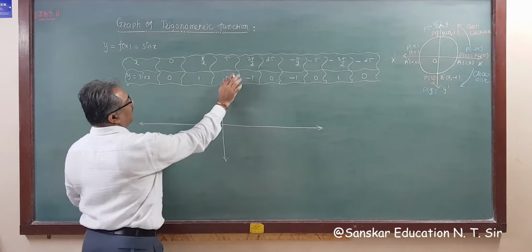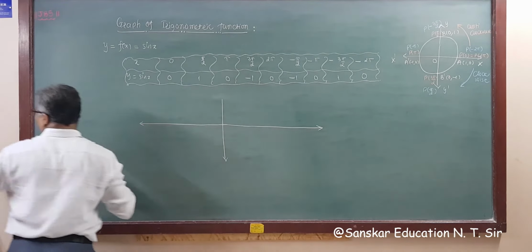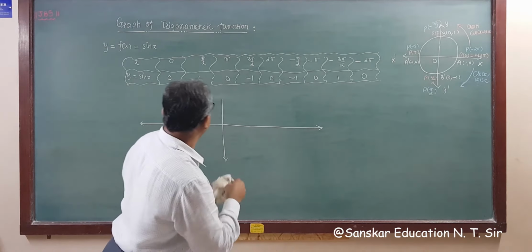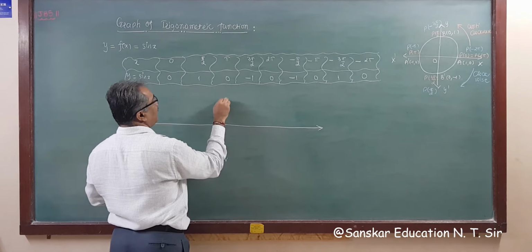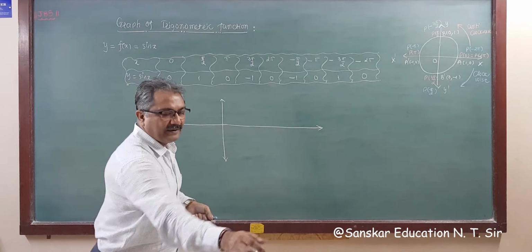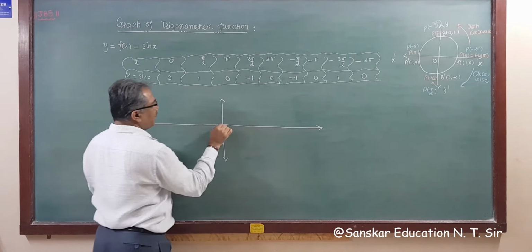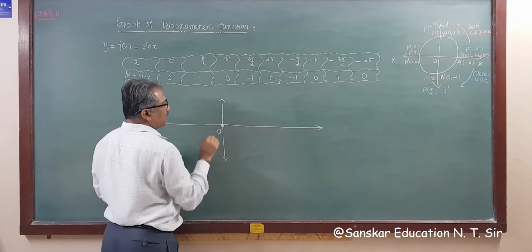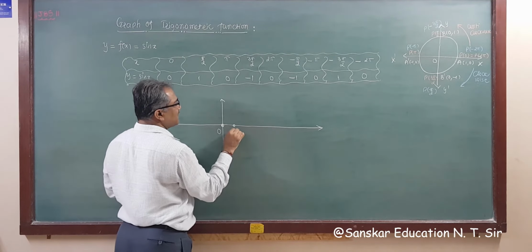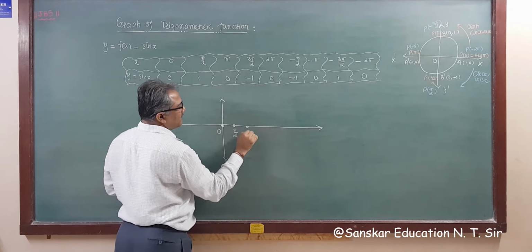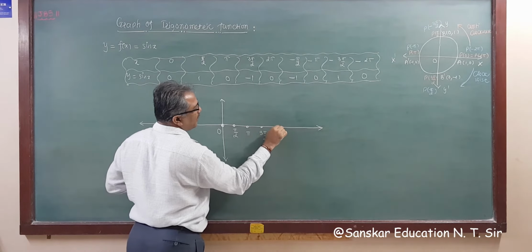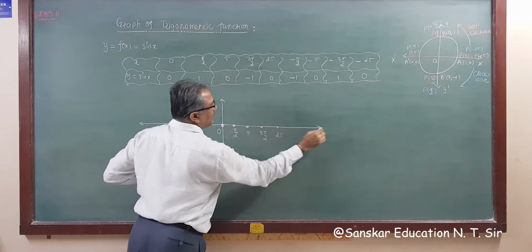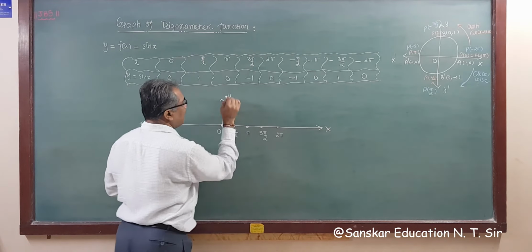So I'm just drawing this below. Suppose this is the origin, this point is pi by 2, this point is pi, then 3 pi by 2, and then 2 pi. This is the x axis, this is the y axis.